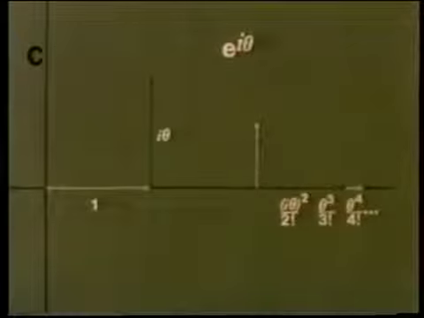What about the next term? We've already got the magnitude, theta squared over 2 factorial. i just changes the direction, and i squared is minus 1. So it's this term that must be added to the series.